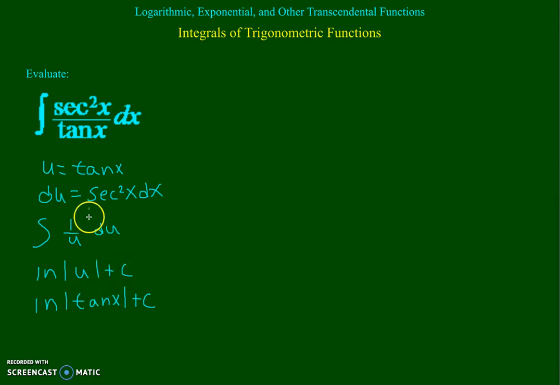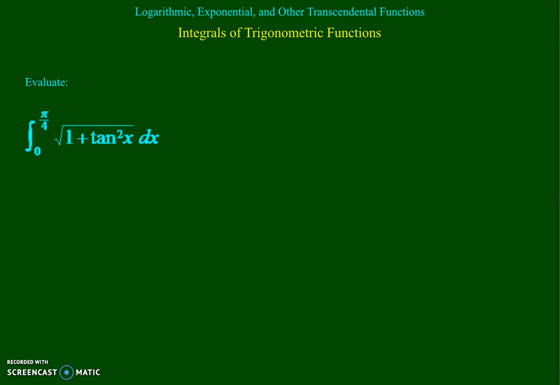We back substitute with our u, and the final integral is the natural log of the absolute value of tan x plus c. So this was a pretty straightforward pattern to match, not really too terribly difficult. Let's go ahead and move on to the next problem.